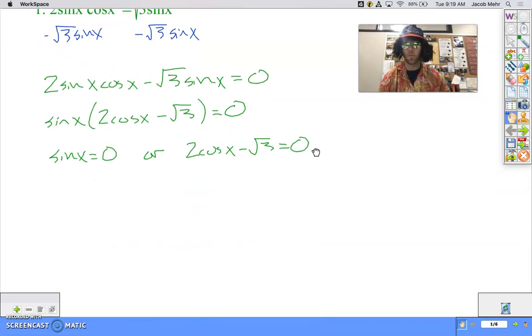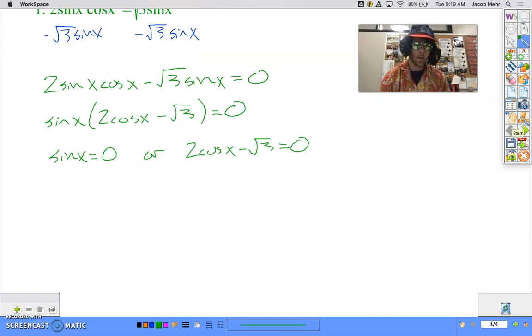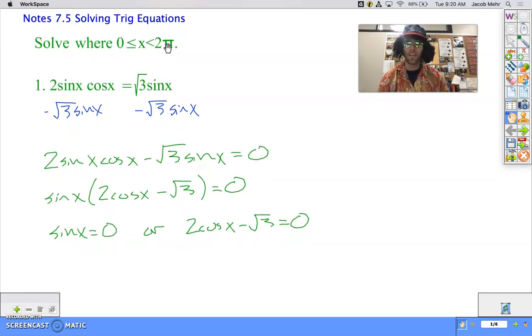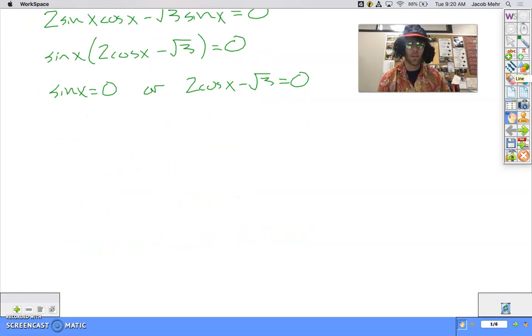Let's start with the first one. Okay, where does the sine of x equal 0? Well, hold on, I should scroll back up here. The directions I gave here is solve for x's that are greater than or equal to 0 or less than 2 pi. So we're going to do that first revolution only. We'll look at some examples down the road on how we give all of our solutions. So we want to know where in that first revolution is the sine of x equal to 0.